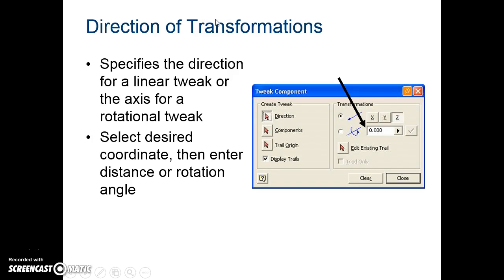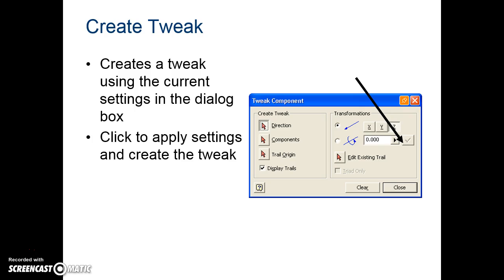Direction of transformation: specify the direction for a linear tweak or the axis for a rotational tweak. Select the desired coordinate, then enter the distance or rotation angle. Create tweak: creates a tweak using current settings in the dialog box.